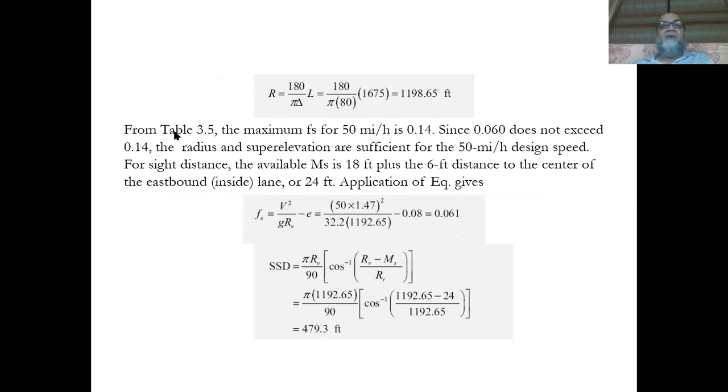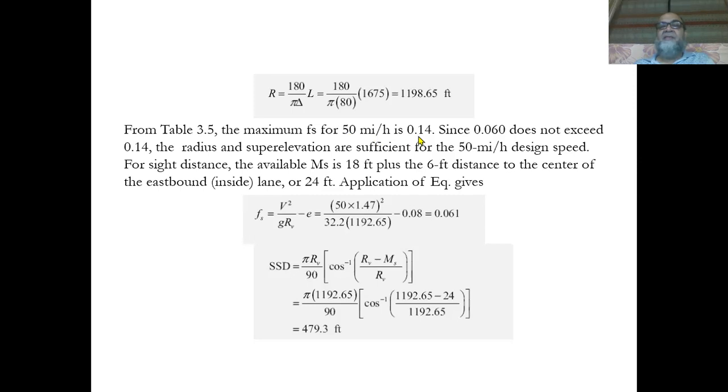Once the radius is found, we can always use this equation for super elevation. So this is 50 miles per hour.